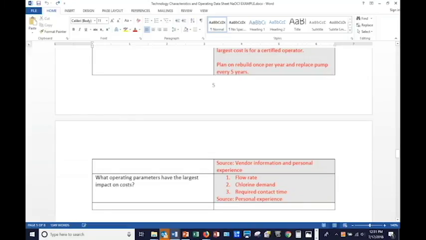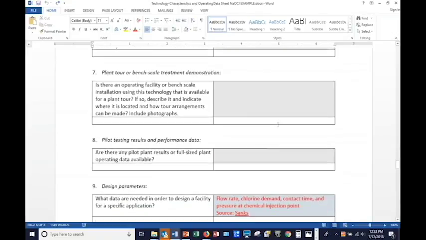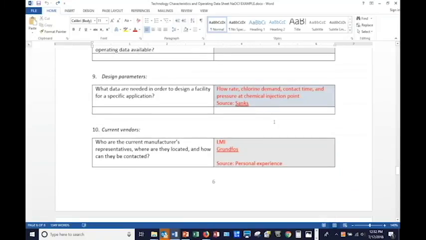Where has the technology been used before? Well, the question there probably is where hasn't it been used? And so there's lots of stuff there. And then the final question, 7, 8, pilot testing. And so if you've got that kind of information, you would add that to the data sheet. Design parameters, not necessarily what do they need to be, but what are those parameters that you should consider?